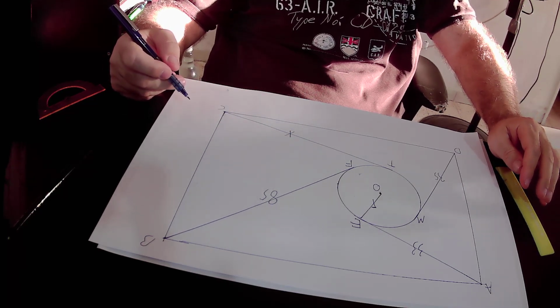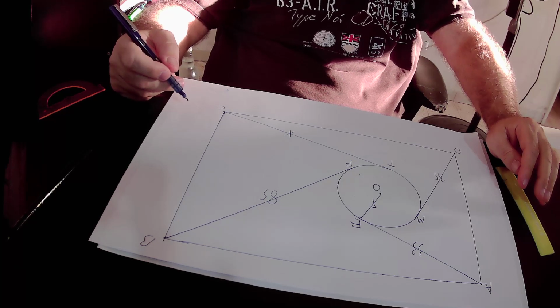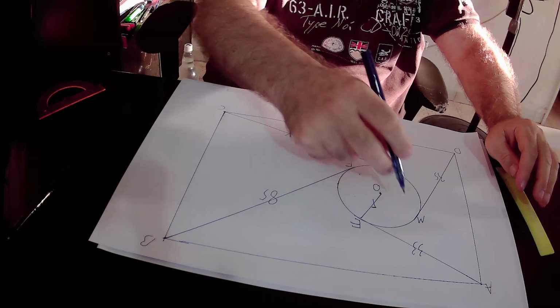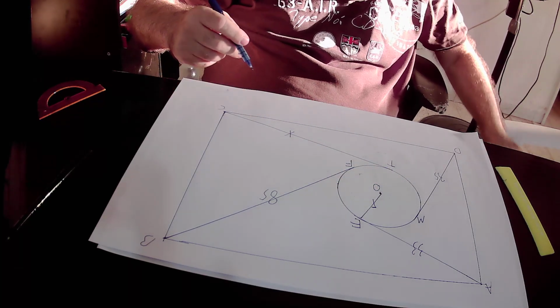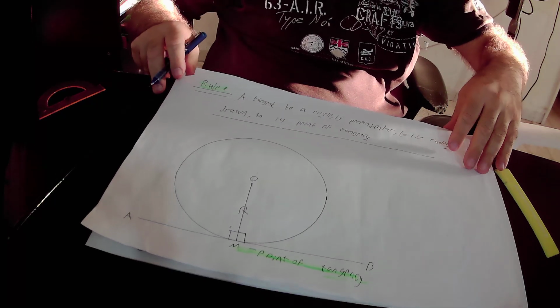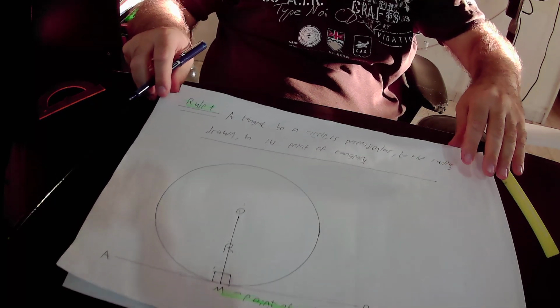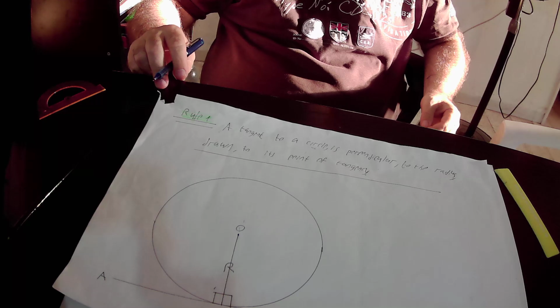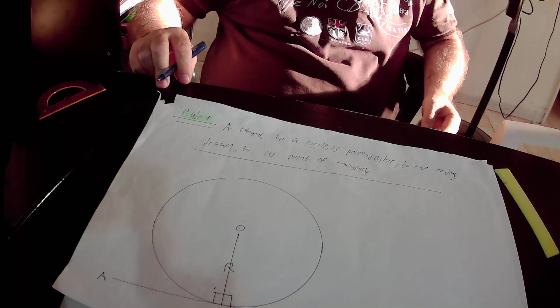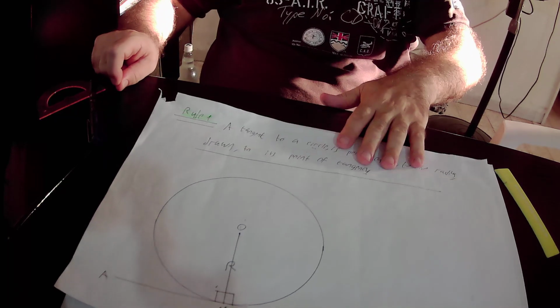Here we have the radius OE that is drawn to the point of tangency, and here we have rule number 1. According to rule number 1, a tangent to a circle is perpendicular to the radius drawn to its point of tangency.